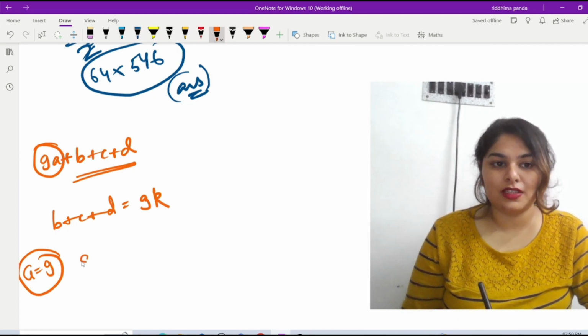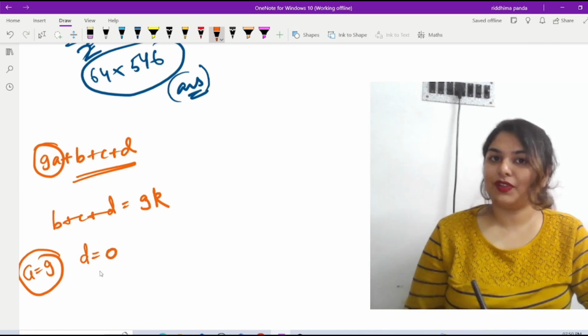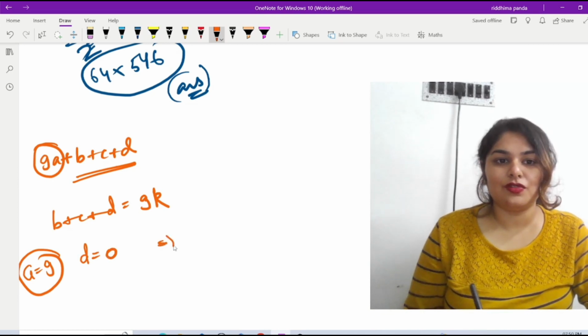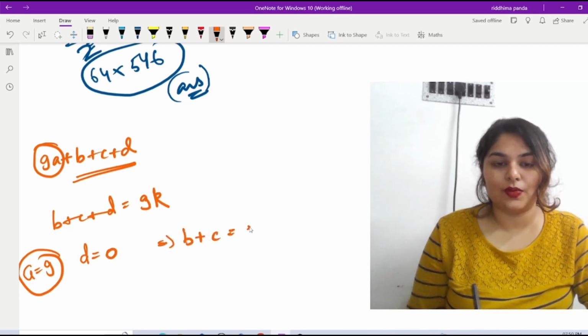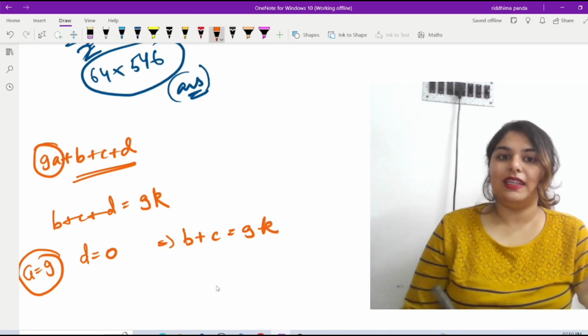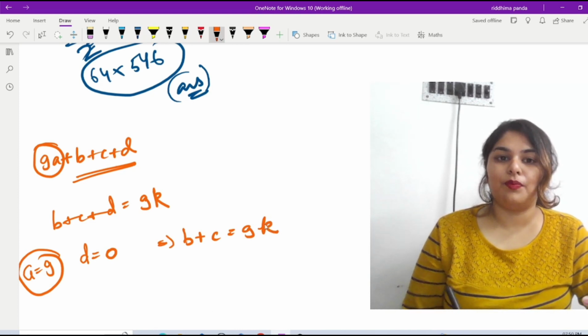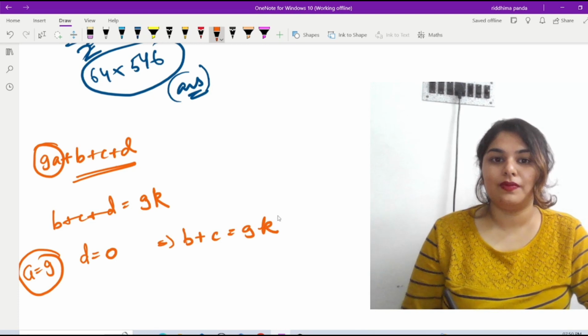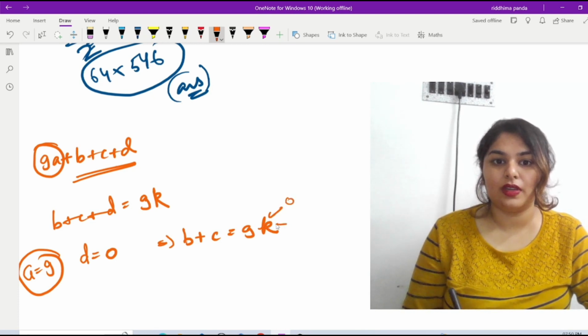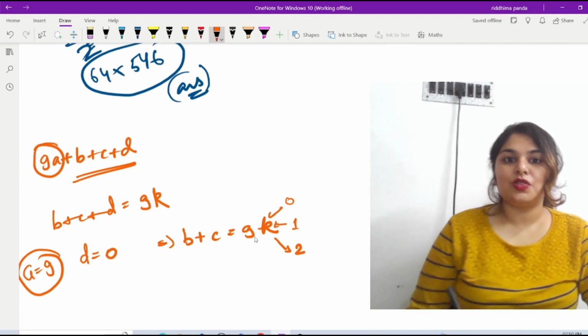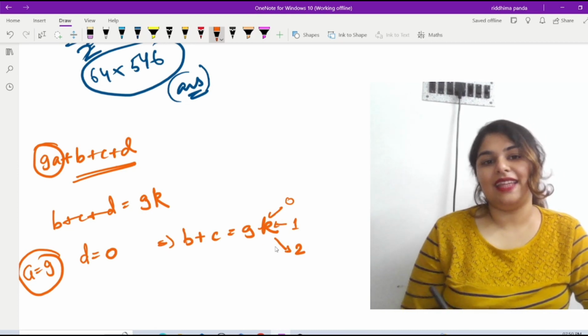Now let us take the first case when D is equal to 0, right? If D is equal to 0, then B plus C is equal to 9K. What are the different values we can put here? K can be 0, 1, and 2, for it to become 0, 9, and 18.